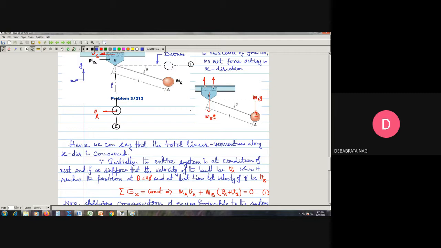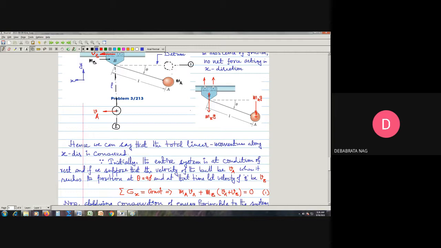So since initially the entire system is at the condition of rest, suppose the velocity of this pendulum ball or bob will be VA when it reaches the position at theta equal to 90 degrees. At that time, let us consider the velocity of the trolley B, both positive in the x direction.